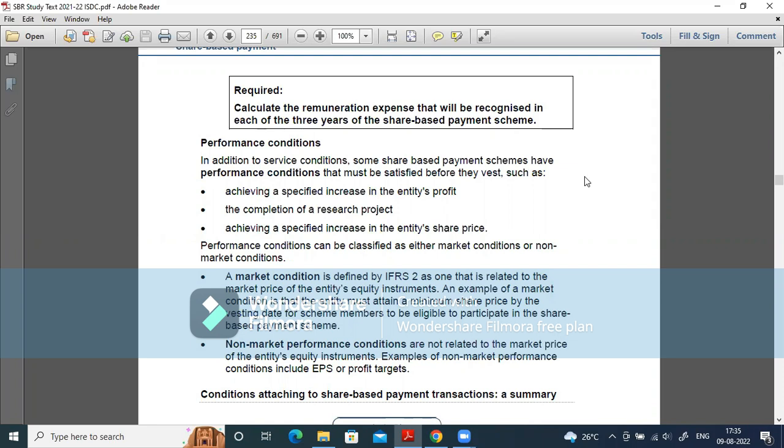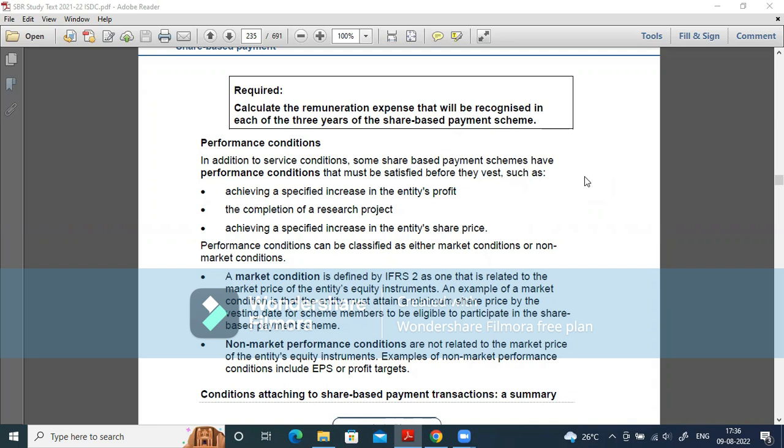Generally these performance-based conditions depend upon two elements: market-based performance conditions and non-market-based performance conditions.